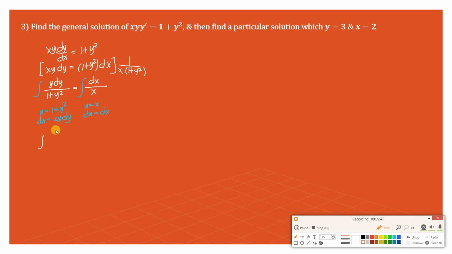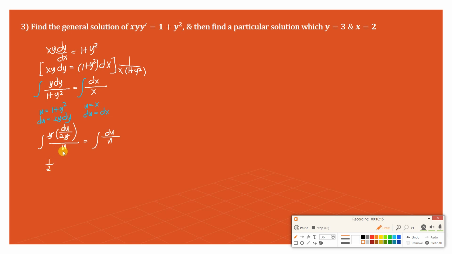So, we have integral of y dy. Replacing y equals to du over 2y. Cancel siya. Over 1 plus y squared is our u. Equals integral of dx, which is du, and x is u. So, sa left member, pwede ko nang ilabas 1/2.